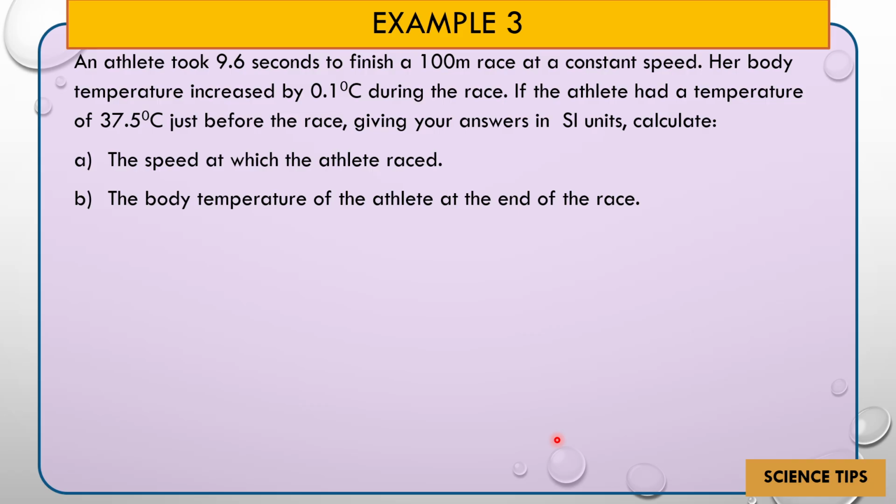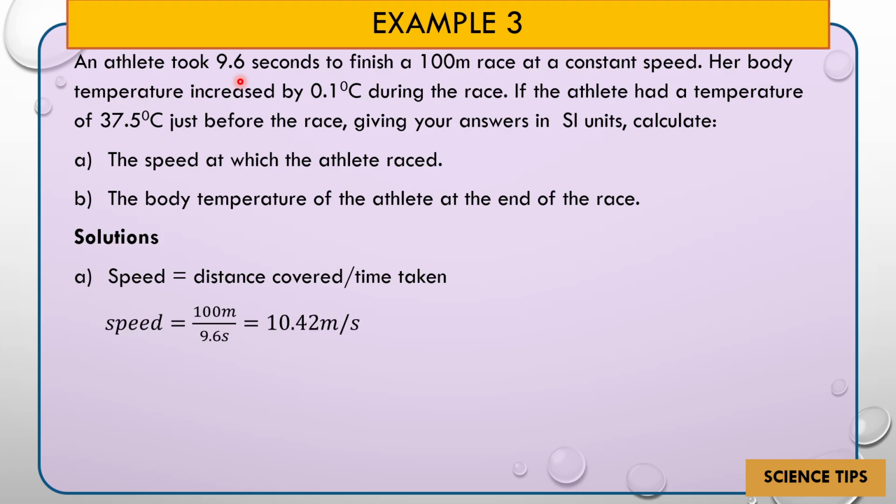To calculate the speed, speed equals distance covered divided by time taken, and we've been given the distance as 100 meters and the time is 9.6 seconds. We are lucky this time, everything is in SI units, and we just need to divide 100 by 9.6, we get 10.42 meters per second.